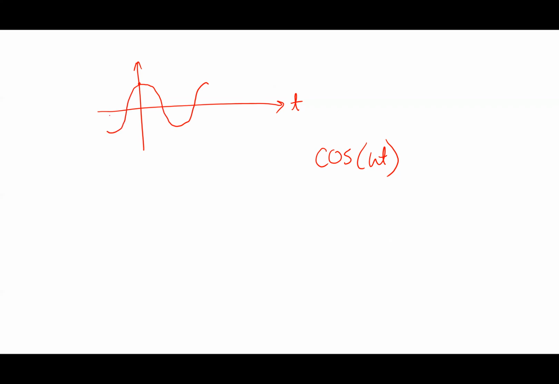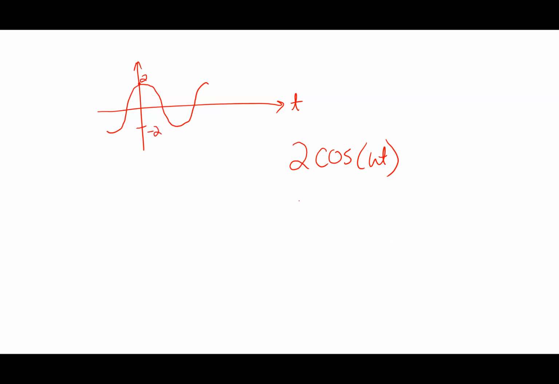What's the height of this guy? Cosine omega t goes from 1 to -1. So let's say I said 2 cosine omega t. What would the height there be? 2 and -2.